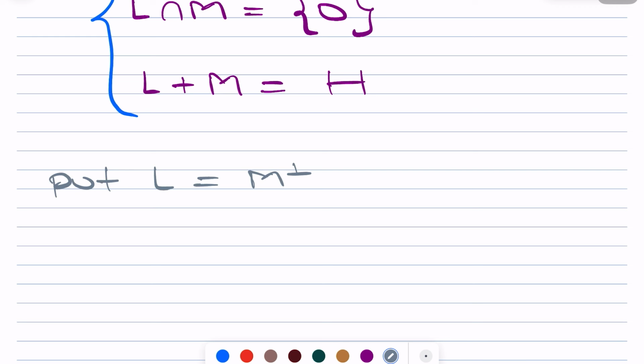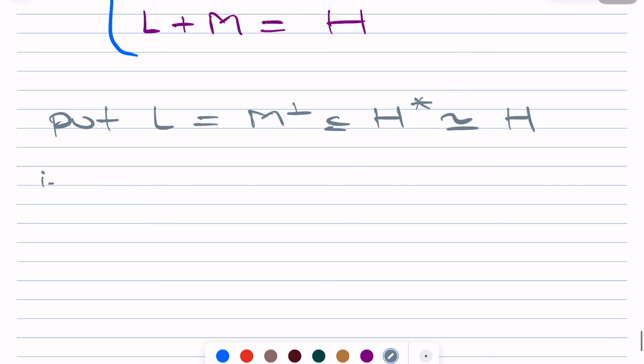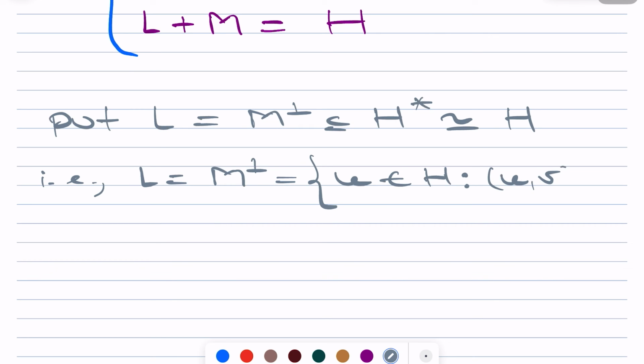If you remember, we defined the orthogonal of M as a subset of the dual space of H. But again, by the Riesz-Fréchet Representation Theorem, we identify H star with H. So we can write L, that is M orthogonal, as the set of points U in H such that the scalar product of U and V is equal to 0 for every V in M.